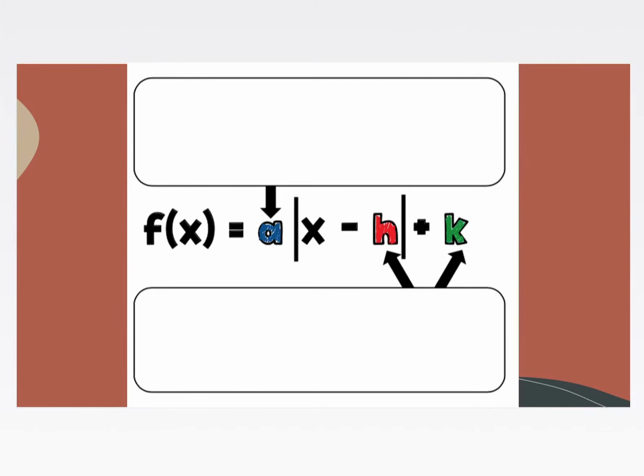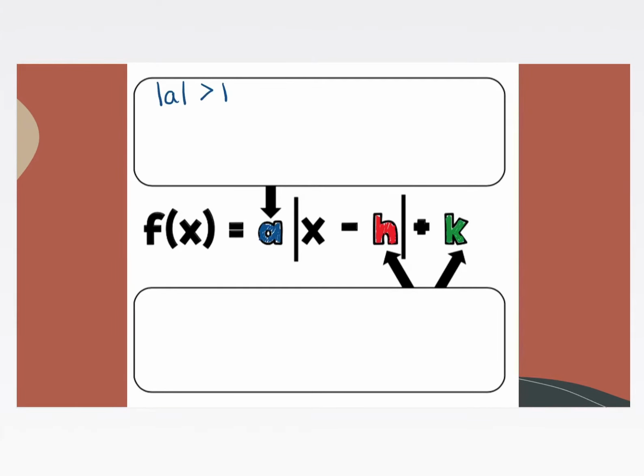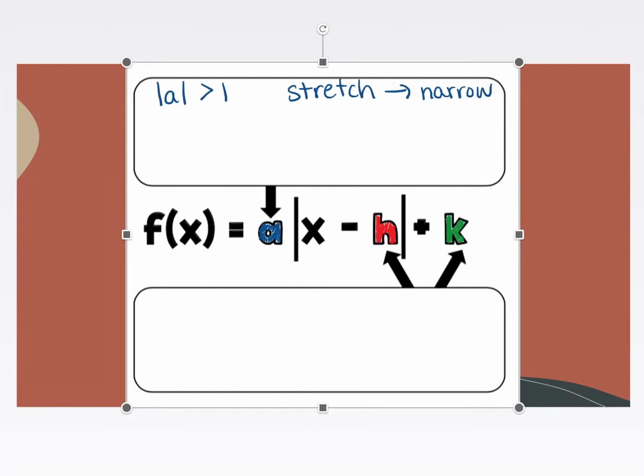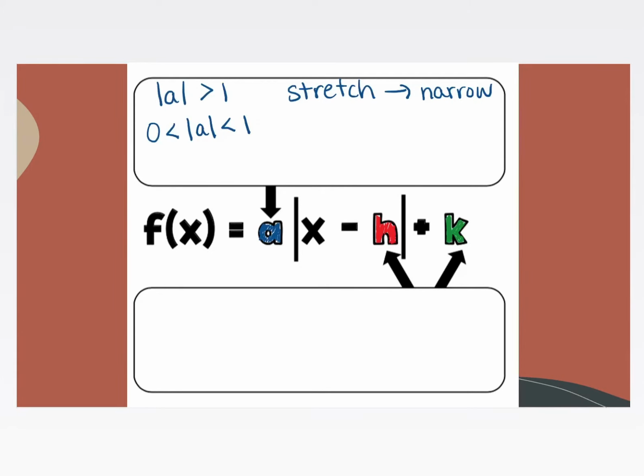Whenever we have our a value out front, and if the absolute value of it is bigger than 1, then this is called a stretch. And our function on the graph actually seems narrower. If our a value that we're multiplying is between 0 and 1, or the absolute value of it, instead of having a stretch, we have a shrink, or a compression.